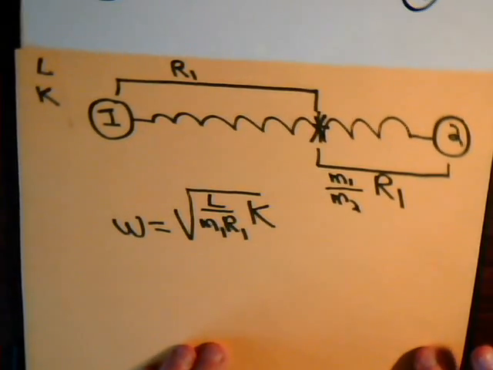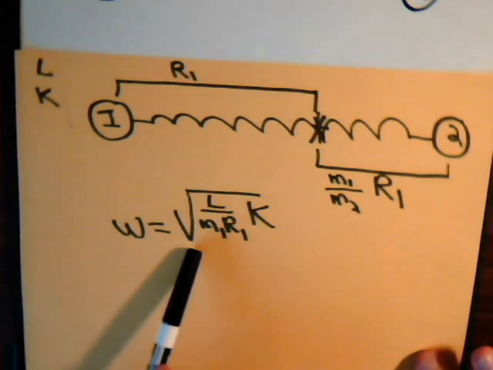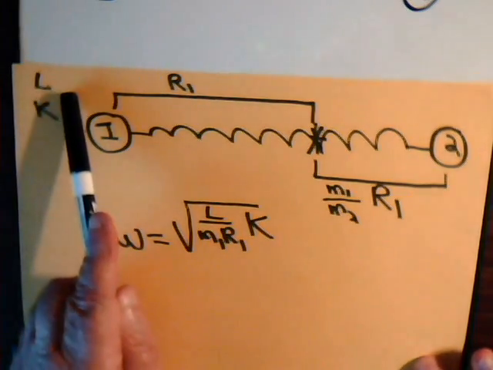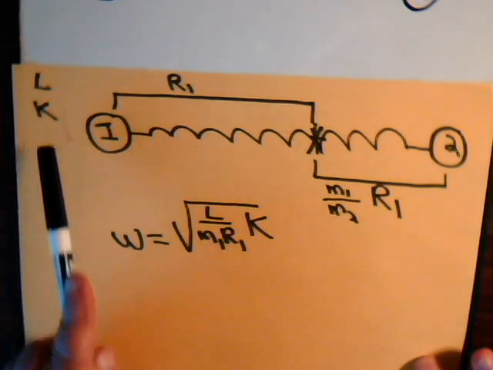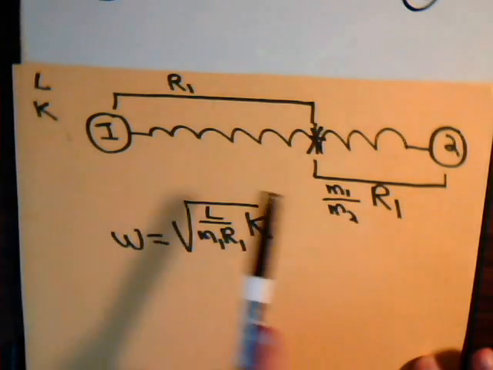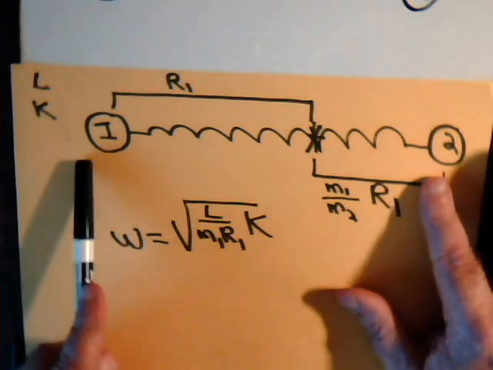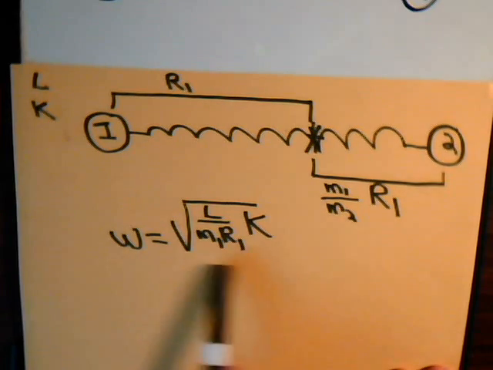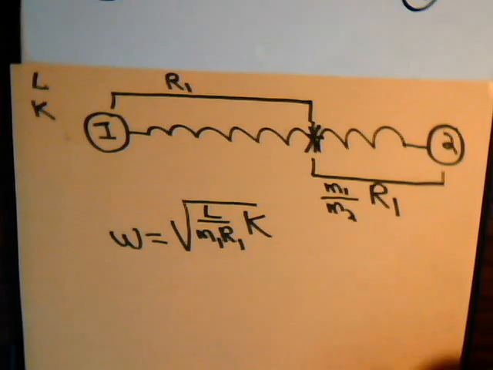We derived that by realizing that for the spring, originally of length L and spring constant K, when these blocks are oscillating back and forth, the center of mass of the spring never changes. And then we analyzed the system from that point of view and eventually derived this equation.